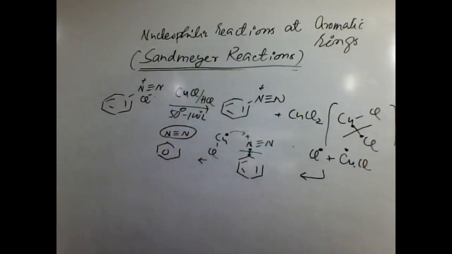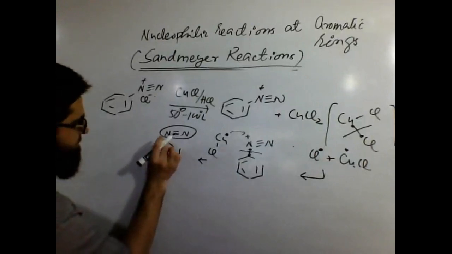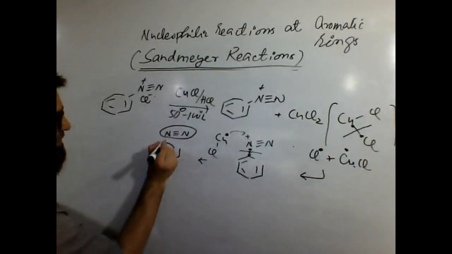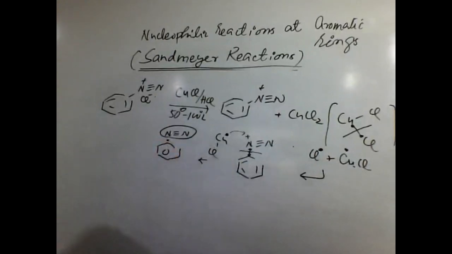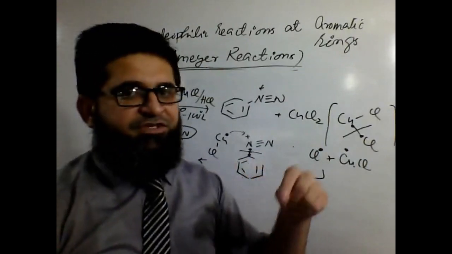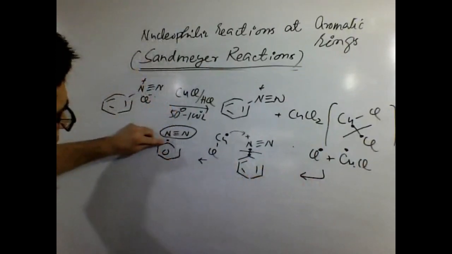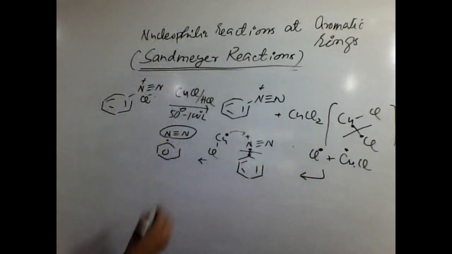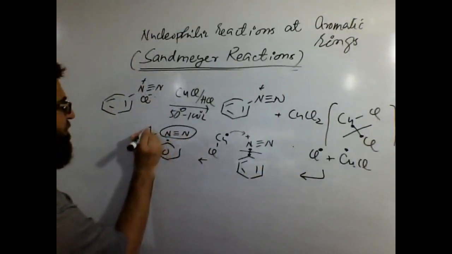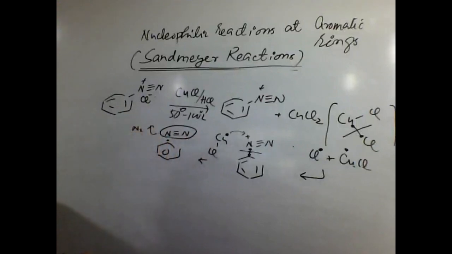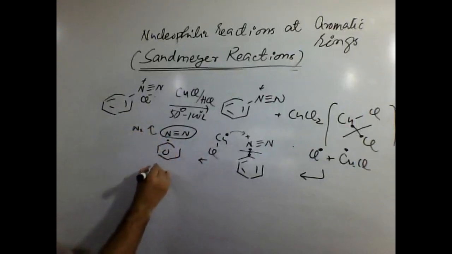And this carbon of the benzene carries its own electron in the form of a radical there. So this will evolve as N2 nitrogen, leaving a phenyl radical in the flask.